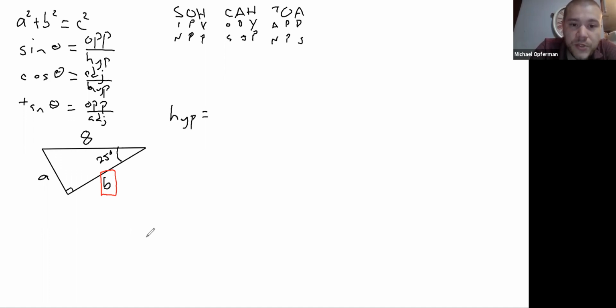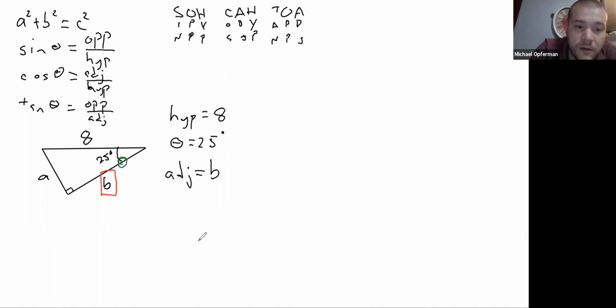The hypotenuse is that 8, and my theta is going to be that 25-degree angle. So now I have to ask myself, what is side B? Side B is the side adjacent to the 25-degree angle. It's adjacent because it's literally touching.